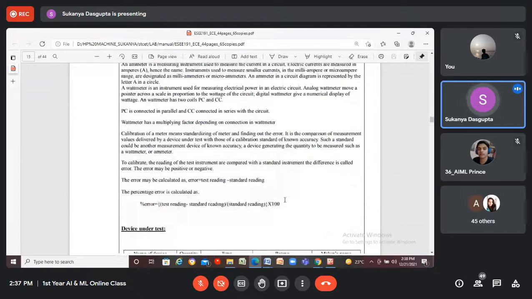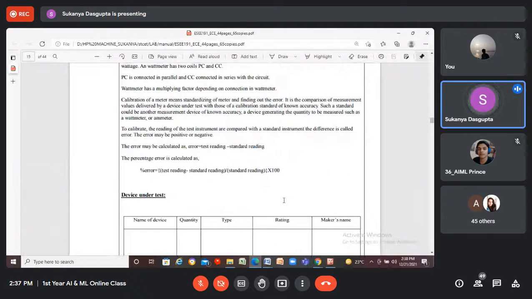Suppose, for example, to perform a particular experiment, you have chosen a standard fixed voltage, a set voltage at 100 volt. Okay, and you have taken 5 or 6 readings, and those 5 readings are very close to 100. Like one is 100.3, one is 100.4, one is 100.1, one is 100.01, one is 99.99.